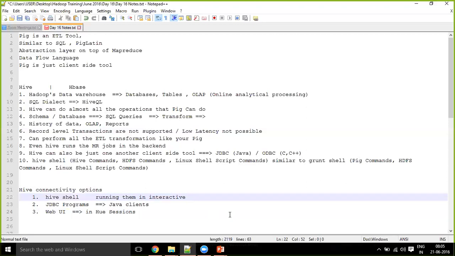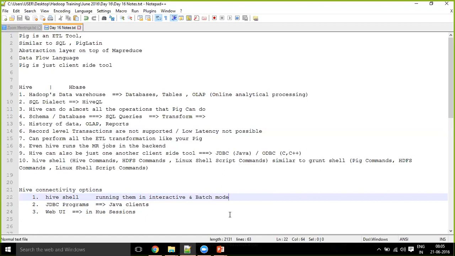And batch mode. Batch mode means putting 10 or 20 Hive commands into a file, the same way we saw in Pig, where we wrote all the Pig commands into a file and used pig -f followed by the script file.